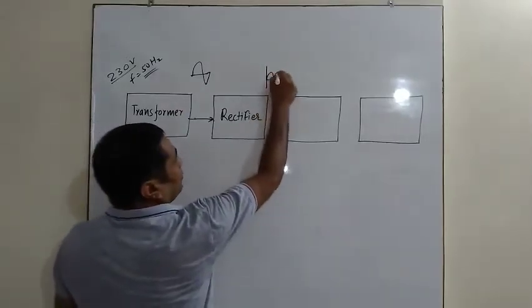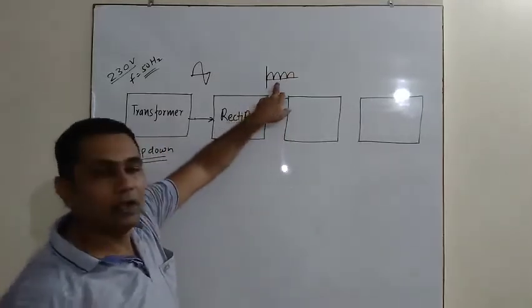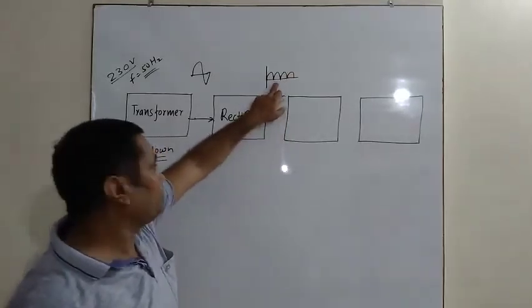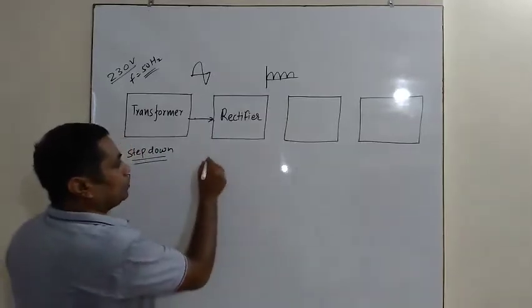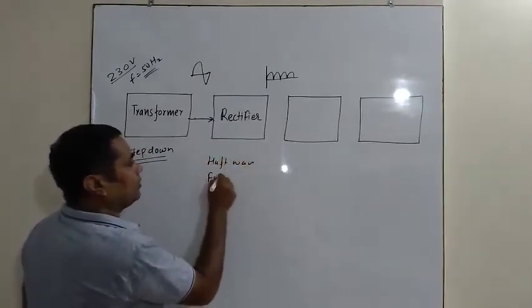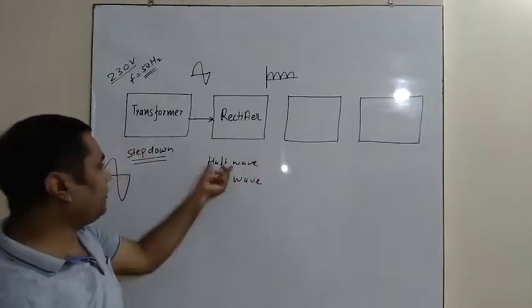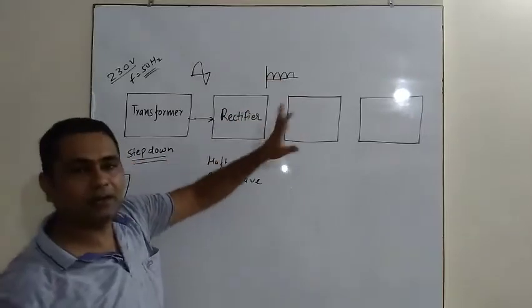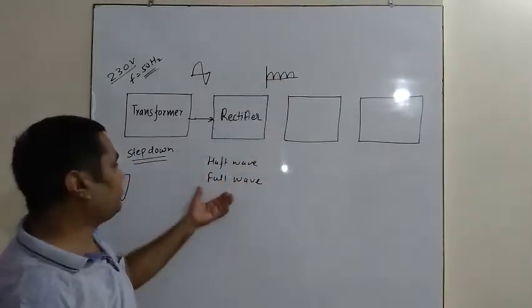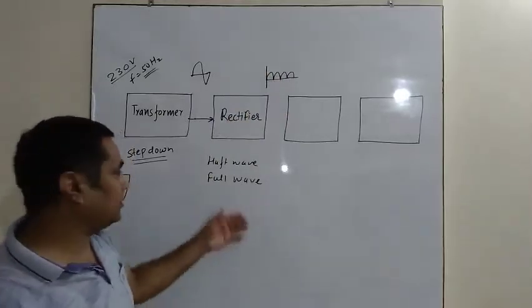Only one half cycle is rectified at the output, and we get this type of voltage at the output. Rectifiers have two types: one is called half wave and another is called full wave. In a half wave rectifier, only the half cycle is rectified and we get it at the output. In full wave, both the half cycles are converted into unidirectional current.